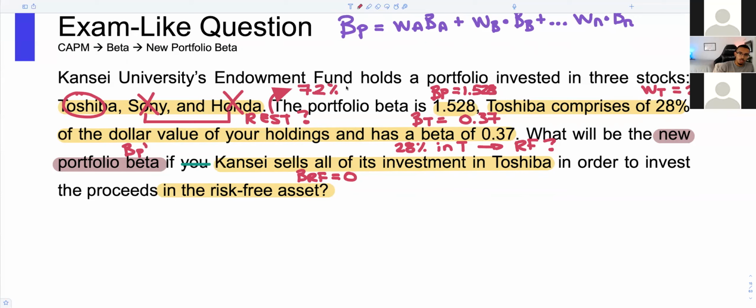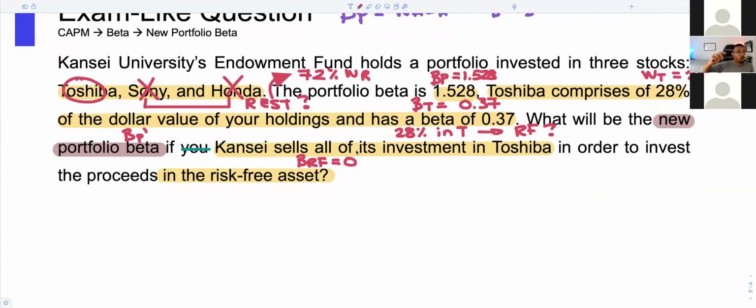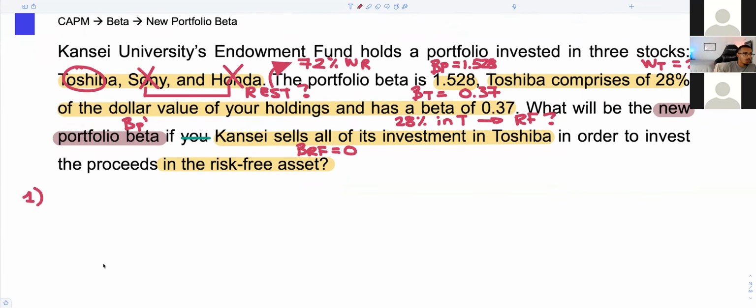We could call that the weight of the rest, but we don't have the beta of that yet. So what we need to do first to be able to find our new portfolio beta, step one, is simply solving for the beta of the remainder of our portfolio, what's left in our portfolio.